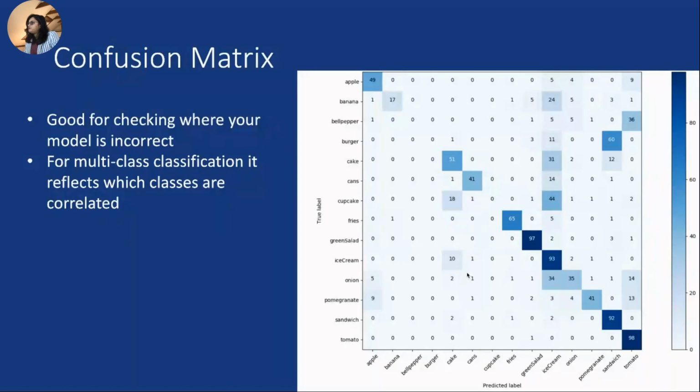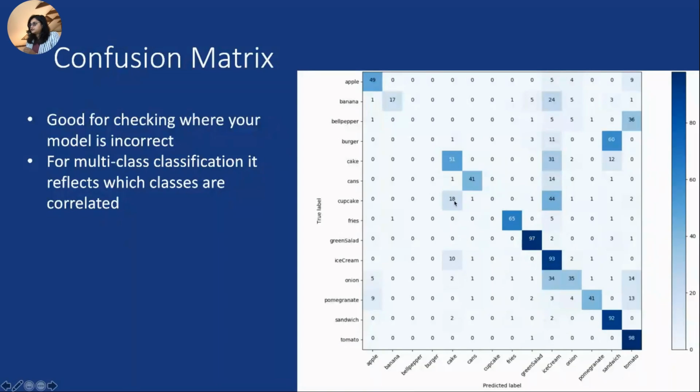And here you see that pomegranate and burger, or sandwich and burger, are confused very often, which again is not surprising. And then sometimes apple is mistaken as tomato. And we can see why this would happen. Both of them are fairly round. And we see some of the cases where cupcake is classified as cake, or green salad, which is very interesting.